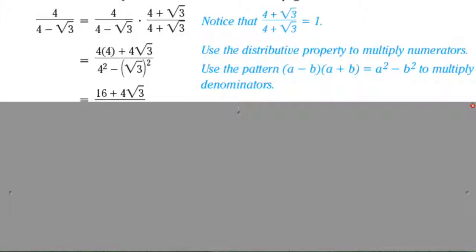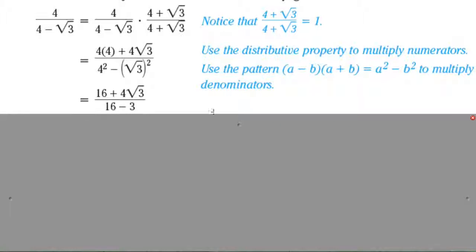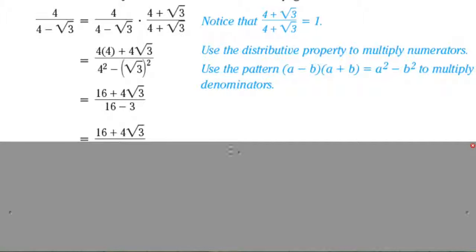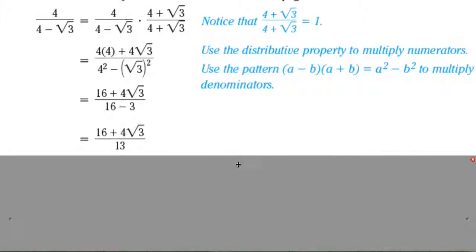We simplified 4 times 4. And then this becomes 16 minus 3 because that's 16. And radical 3 squared is 3. So you end up with 16 plus 4 radical 3 all over 13. Okay? And that is how you rationalize your denominator by using conjugates.